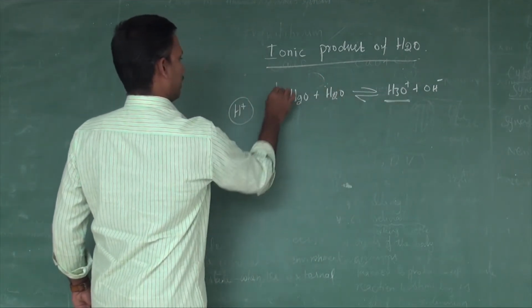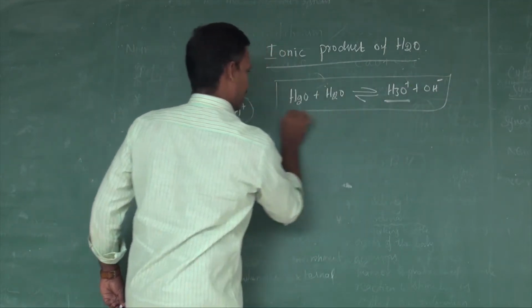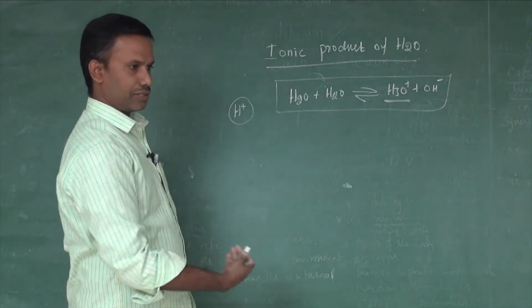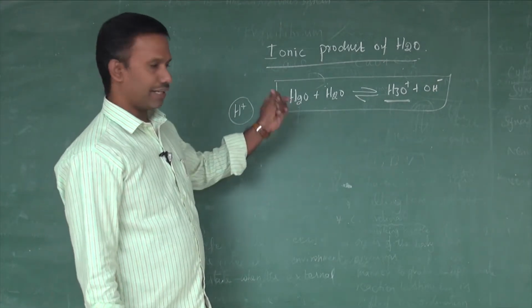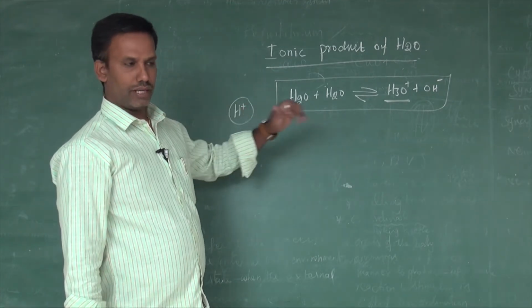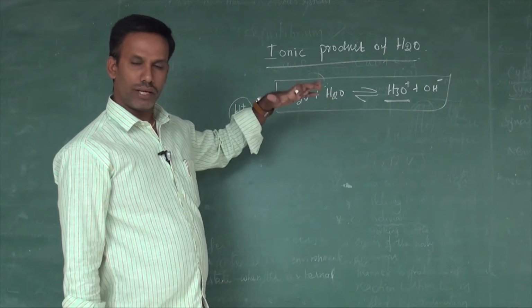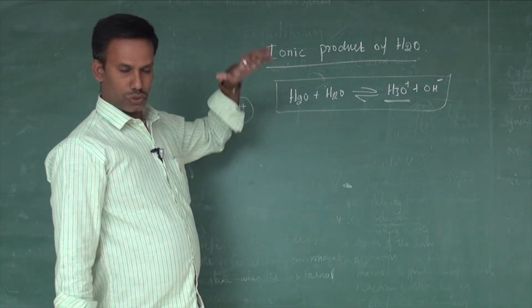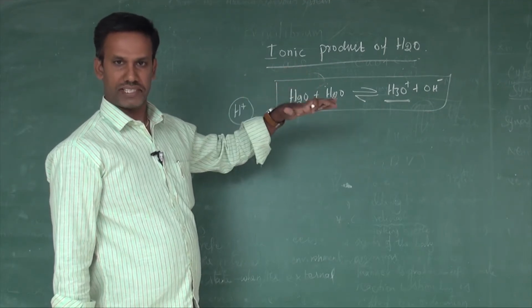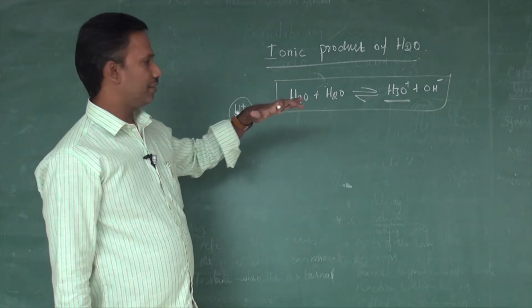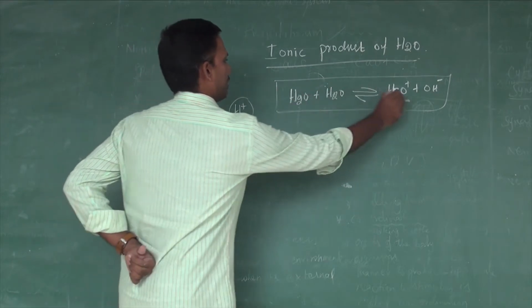This is called ionization, that water itself is ionizing, so it is called auto-ionization or self-ionization of water. Wherever you find water, water is undergoing auto-ionization. So you have two ions, one H plus and a hydroxyl ion. Okay, self-ionization has taken place.